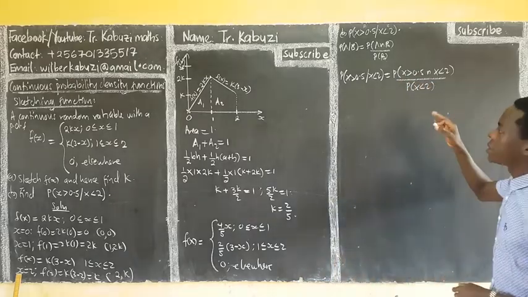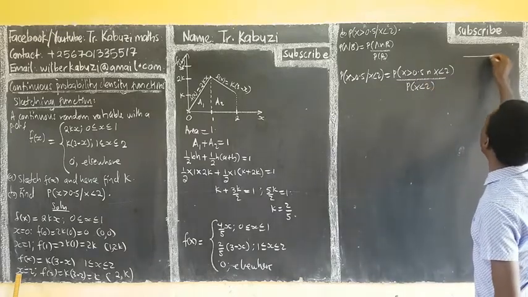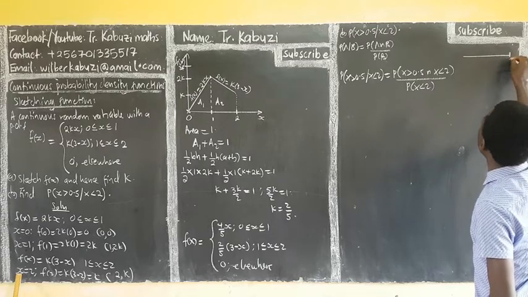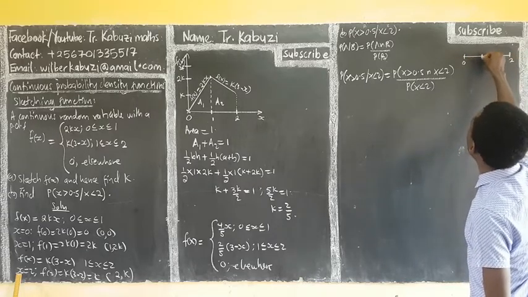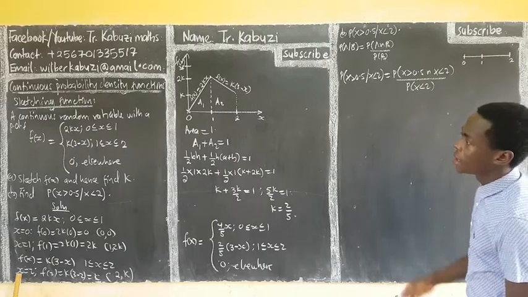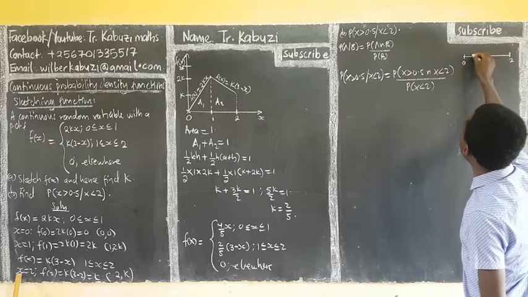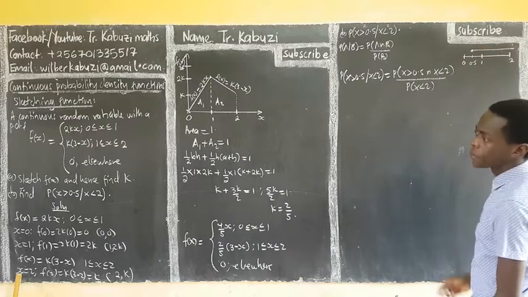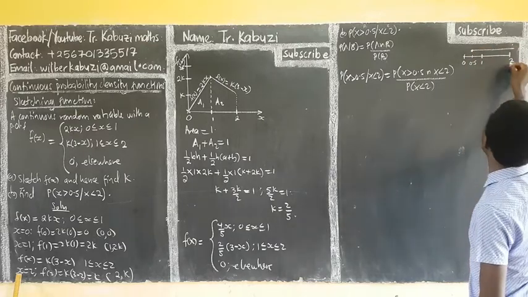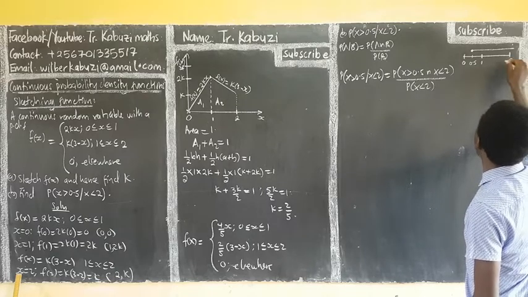Now, how do we get the intersection? We have a 2 there, then we have a 0, then we have a 1 there. We want the intersection above 0.5, so above 0.5 these are the values. Then below 2, this one is telling us below 2, these are empty.